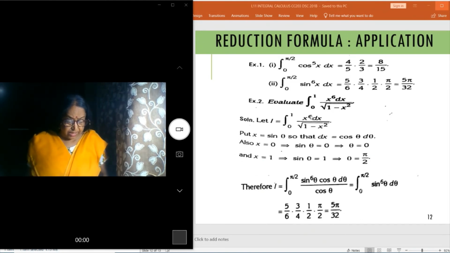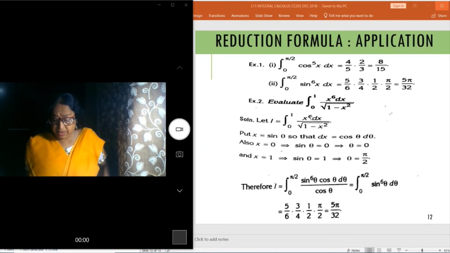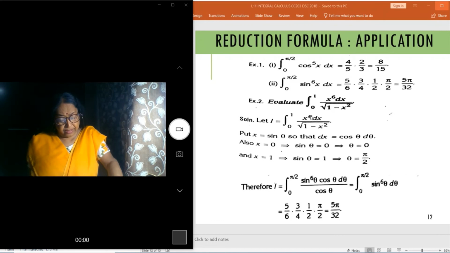Now evaluate the integral from 0 to 1 of x to the power 6 dx over root of 1 minus x square. If this type of question is given, and you can change this form into a sine to the power something form, or cos to the power something form, then applying the limit, we can get the value.